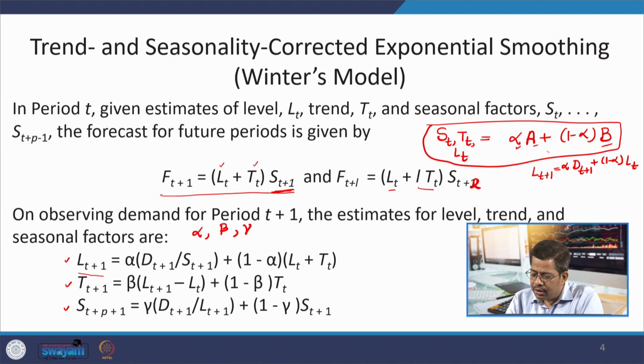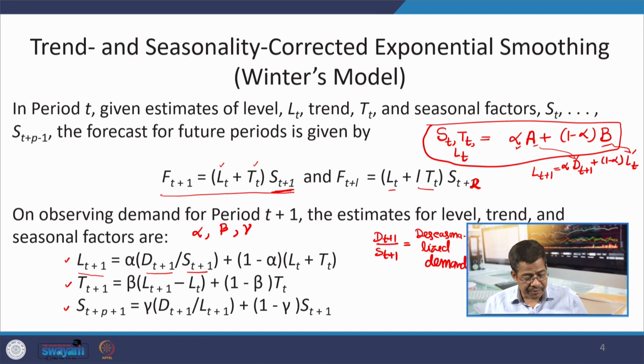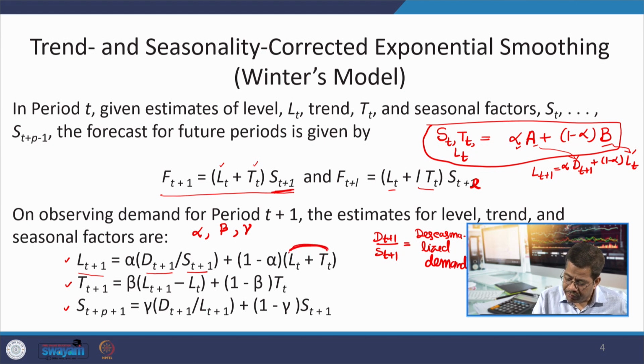There, this was A and this was B. In the current circumstances, d(t+1) upon S(t+1) is basically the deseasonalized demand of the current period, and this is A, and L(t) plus T(t) is B here.